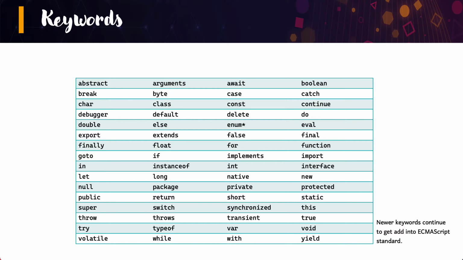So the list on screen is an all-encompassing list as of today. The key thing here is you cannot use any of these names as an identifier name. We'll introduce each of the keywords as required in our subsequent classes. No need to memorize them as of now.